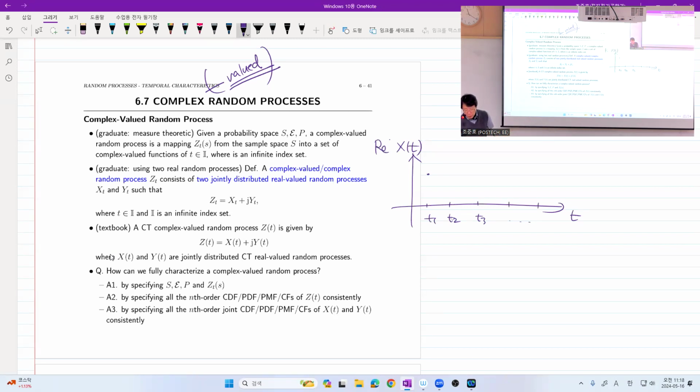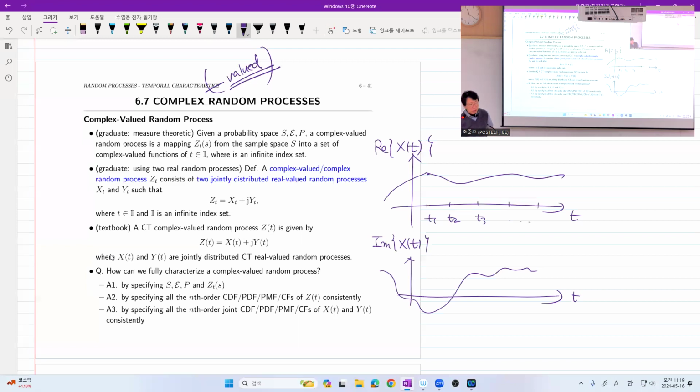In that case, I may say that, hey, okay, I have a real part and the imaginary part. By the way, if you have a complex number z, that is a plus jb, where a and b are real numbers and j is the square root of -1, the real part of z is a here, and the imaginary part of z is not jb, but b, okay?